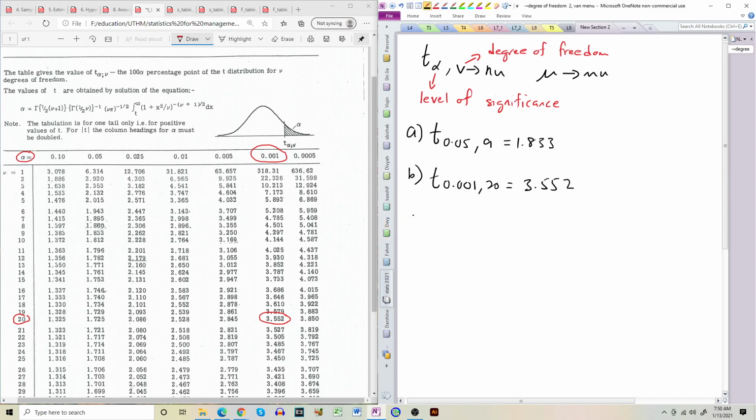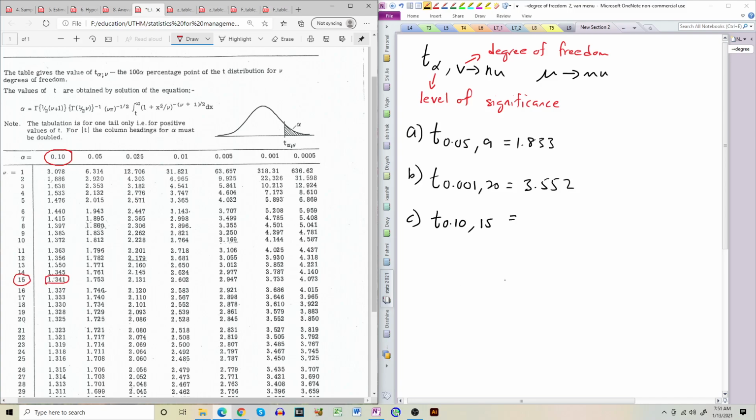For C, the significance level is 0.1, and 15. The level of significance is here, 0.1, 15 is here. This is your answer, which is 1.341.